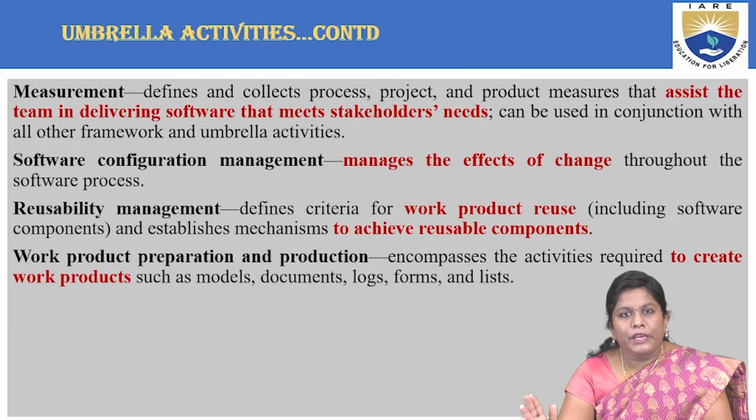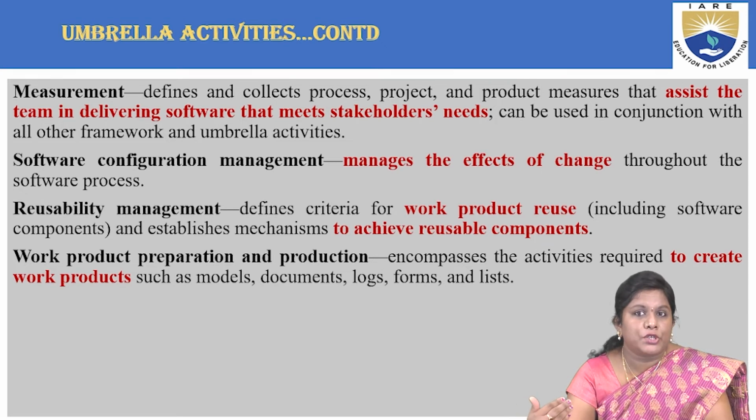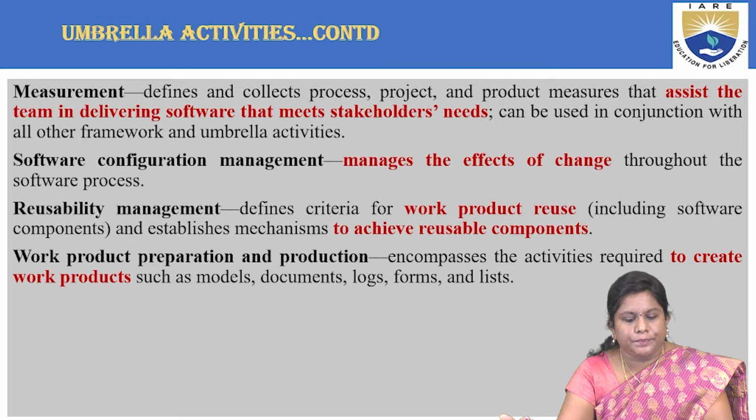We cannot be fixed with that particular statement because we don't know. You may sometimes come across risks and you may not have relevant resources with you, so you have to change accordingly. So you are trying to define criteria for work product reuse that will include various software components, and there are some mechanisms to achieve these reusable components.